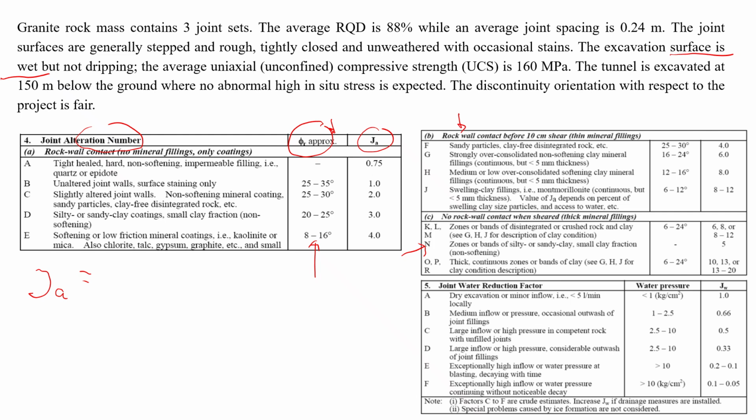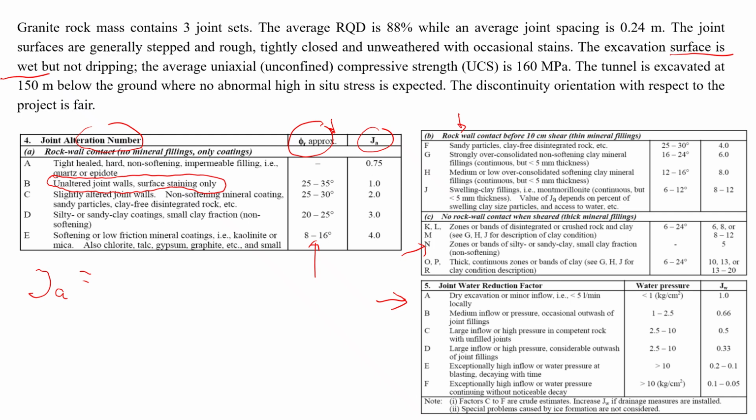Unaltered joint walls, surface staining only. There is not really much given here. Let's not talk about water yet. Water will be the next number, 5. So we'll talk first about the alteration.